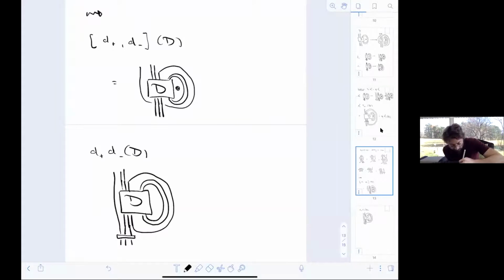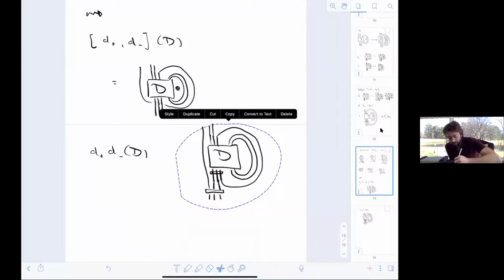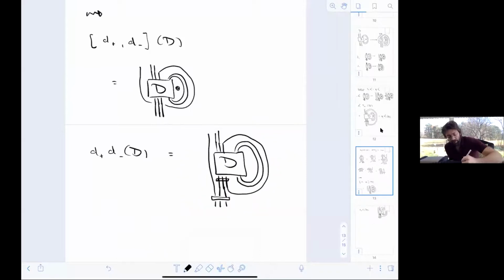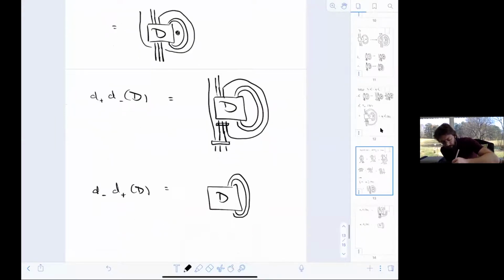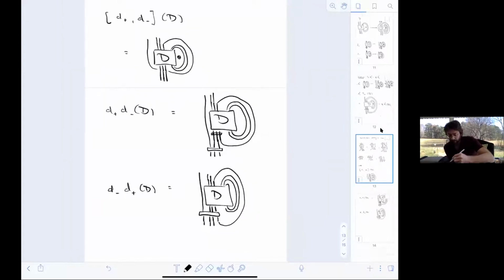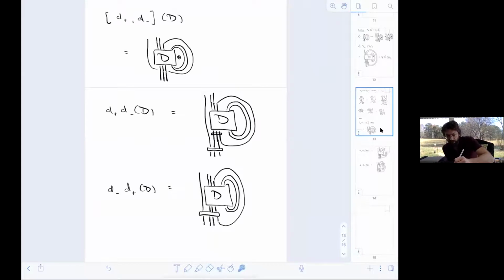So there's secretly, even if I didn't write it, a symmetrizer there. This is supposed to be compared with D minus of D plus of your diagram. So you do d plus, and then you do d minus. And the whole point is there's a linear relation between this diagram and this diagram.